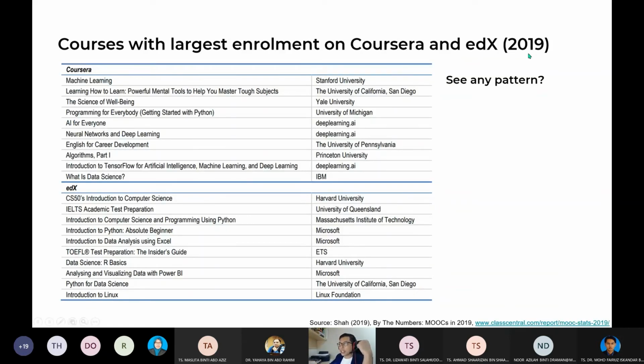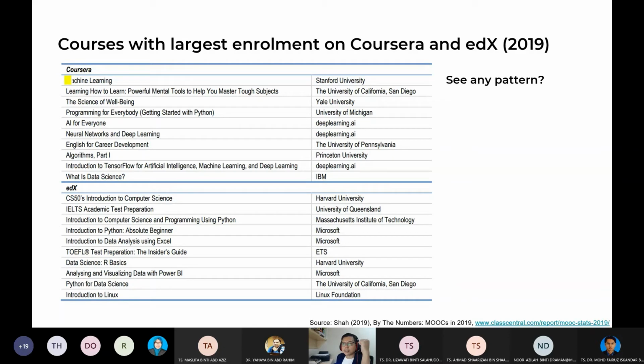So 2019, note the time here. These are the top MOOC courses that got credentialing. Meaning the most popular courses, that everyone takes and pays for to get some kind of credentials. Let's look at this.